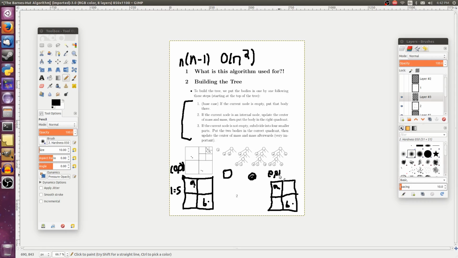It's also containing the length of the square and the 4 children, and the physical information: the center of mass of A and B, and the total mass of A and B.